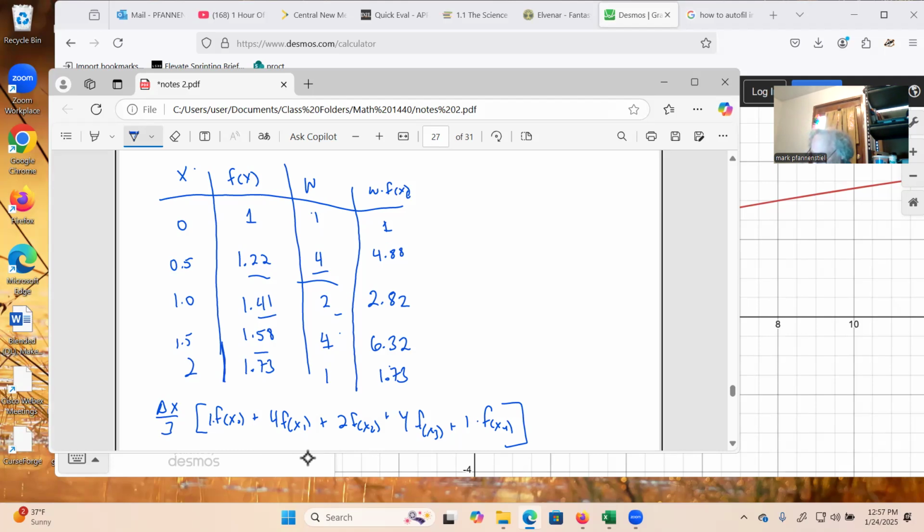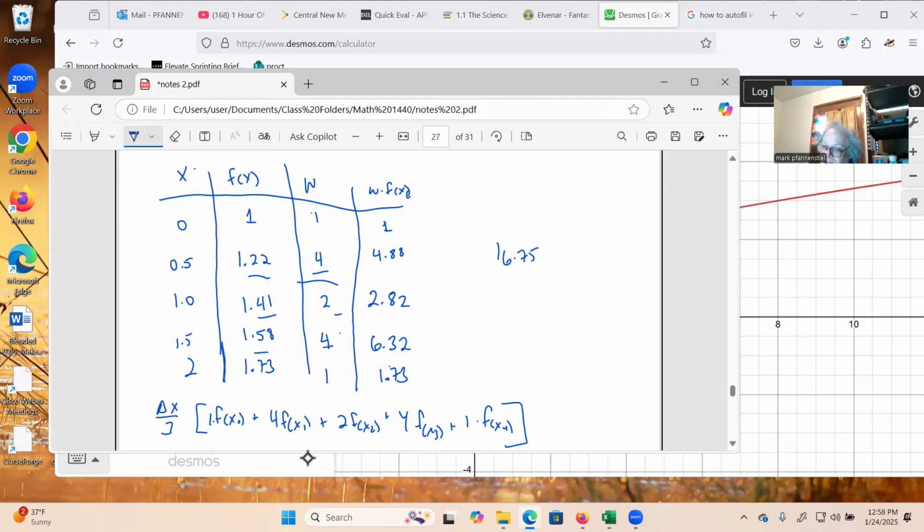You're going to take my word for it that we're just going to do 1 plus 4.88. We get 5.88 plus 2.82, plus 6.32 plus 1.73. And that should pretty much bring me to 16.75.